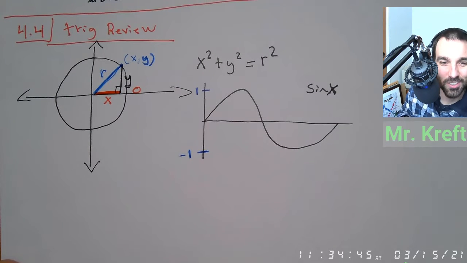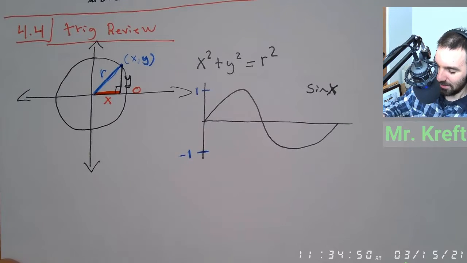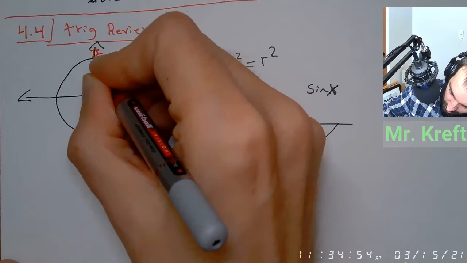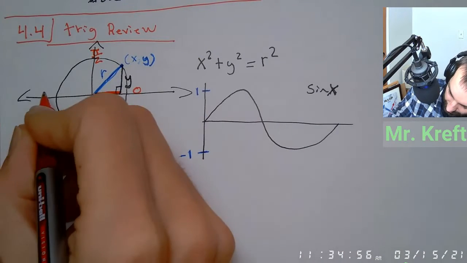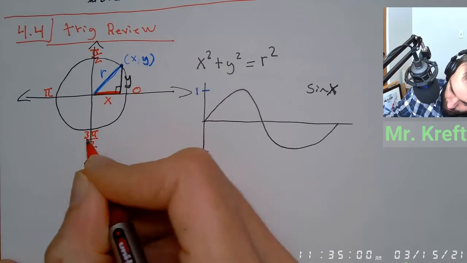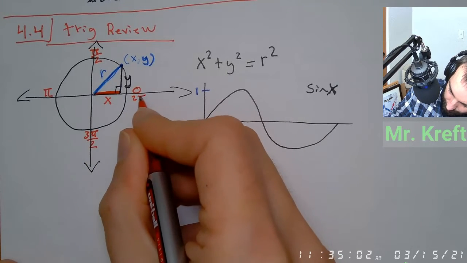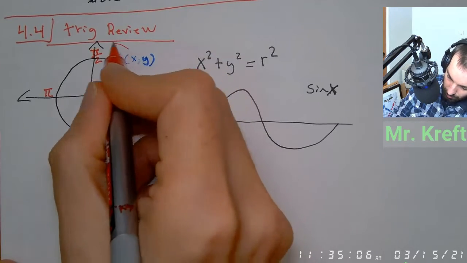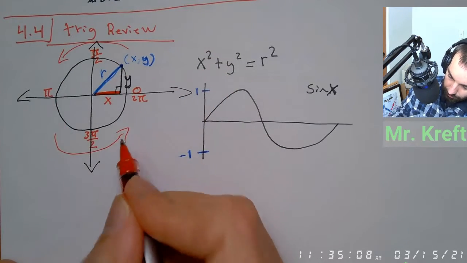That's for engineers. No one likes engineers. And yes, I'm trying to start a fight, so come at me. So I have 0, and then pi over 2, pi, 3 pi over 2, and 2 pi. And remember, we always go clockwise.